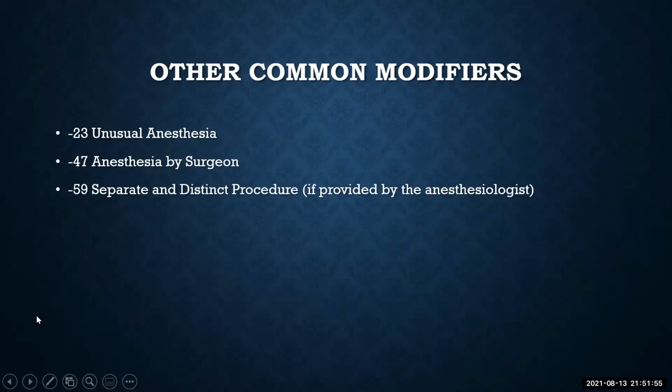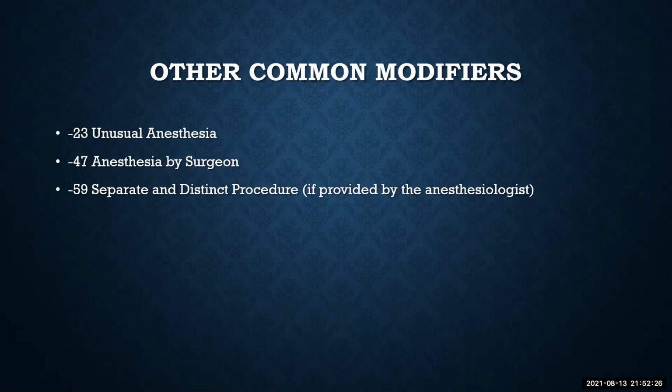However, we do have some other CPT modifiers that could be used in this section, and it's just good knowledge to have that you may use these as well at some point. So 23 and 47 I feel are pretty clear: unusual anesthesia or anesthesia provided by a surgeon. But 59 might seem less clear. I actually just did a training on it, so that's why I wanted to mention it.